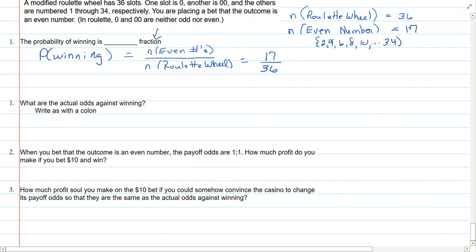What is the actual odds against winning? So we want the odds against winning.